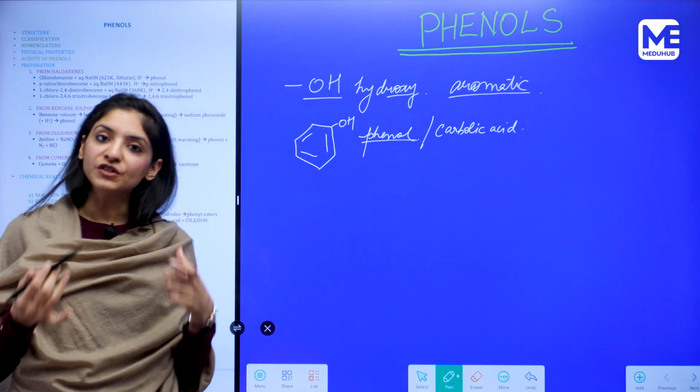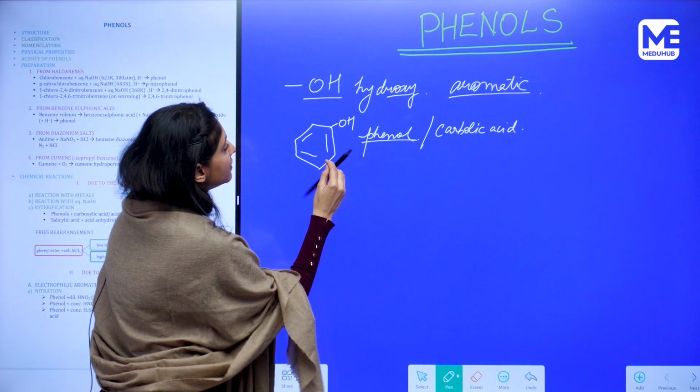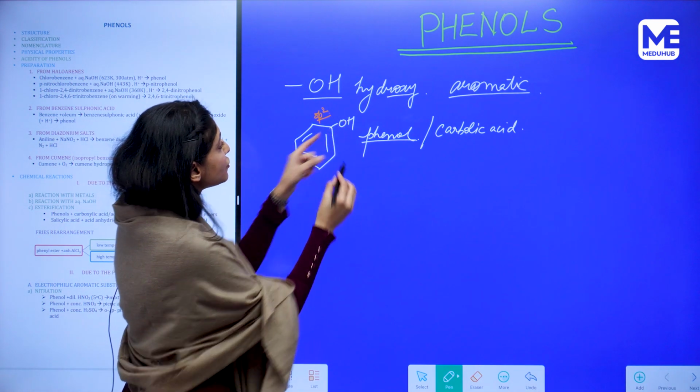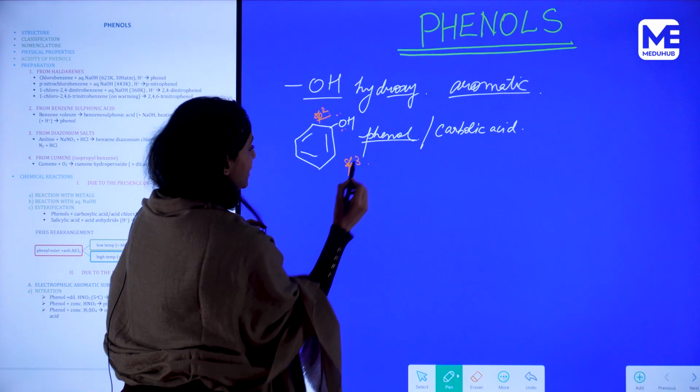If we talk about the structure of phenols, in phenol, this carbon here is sp2 hybridized, and this oxygen with two lone pairs is sp3 hybridized.